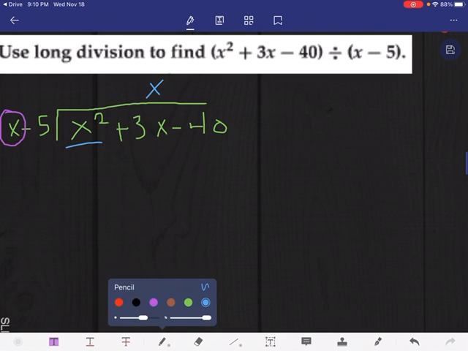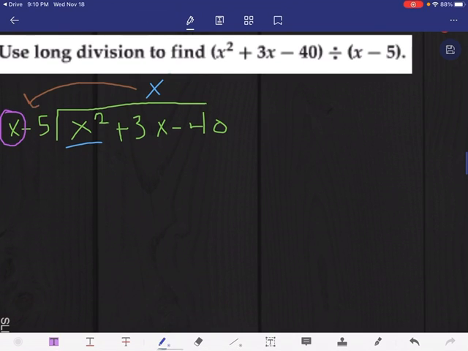And so then as we come down, we're going to multiply. So we would have x squared, and then we have x times a negative 5 gives us a negative 5x.